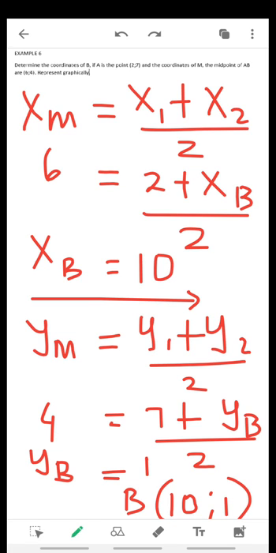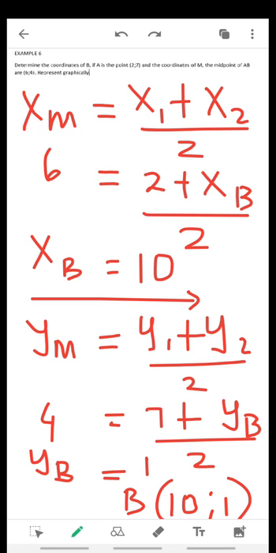Similarly, we do the same thing for the y coordinate of B. Okay, how do we do it? So we are going to say ym equals (y1 plus y2) all over 2. And what is our ym? Our ym is the y coordinate of the midpoint, which is 4, all equal to, what is y1?